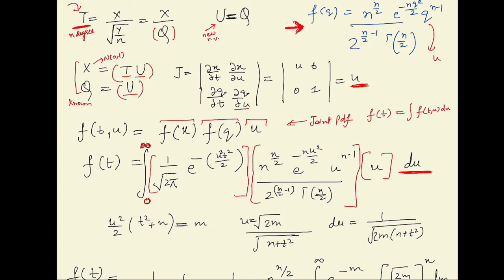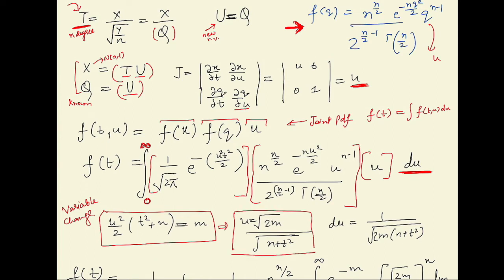So now to calculate this integration, we'll use a change of variable. So let's say we replace u square by 2m by n plus t square, which implies u is equal to root 2m by root of n plus t square, and if we calculate the derivative of this, we get this.